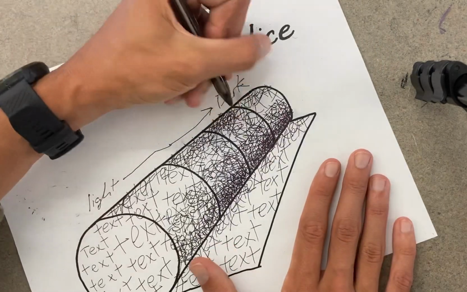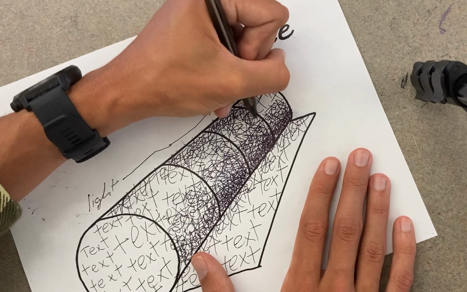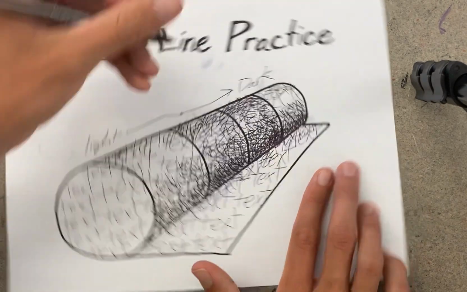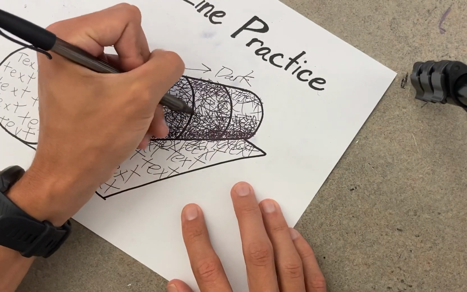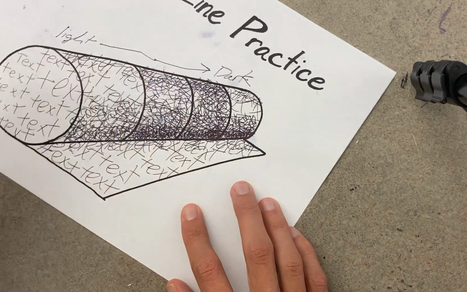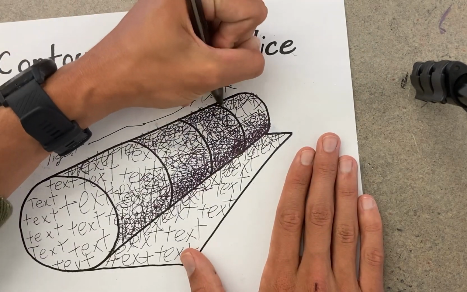Okay, so we're starting to get a little bit darker. I've got to fill in some areas on mine. All right, and then our last one should be our darkest.